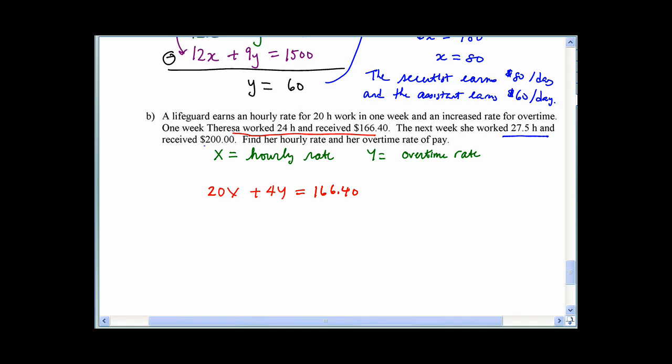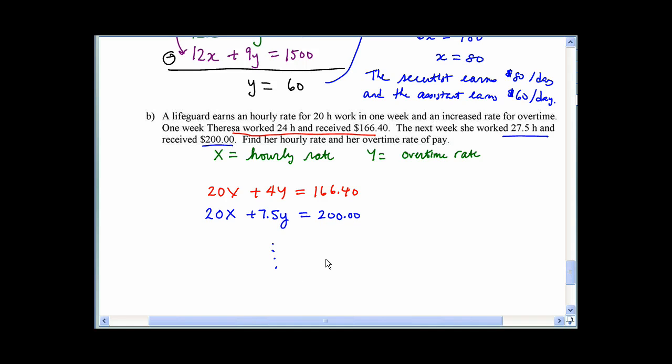Next week, 27.5 hours, so 20 regular hours, 7.5 overtime hours, $200. Alright, go ahead and solve. You decide it. You do it. This one's not that hard.